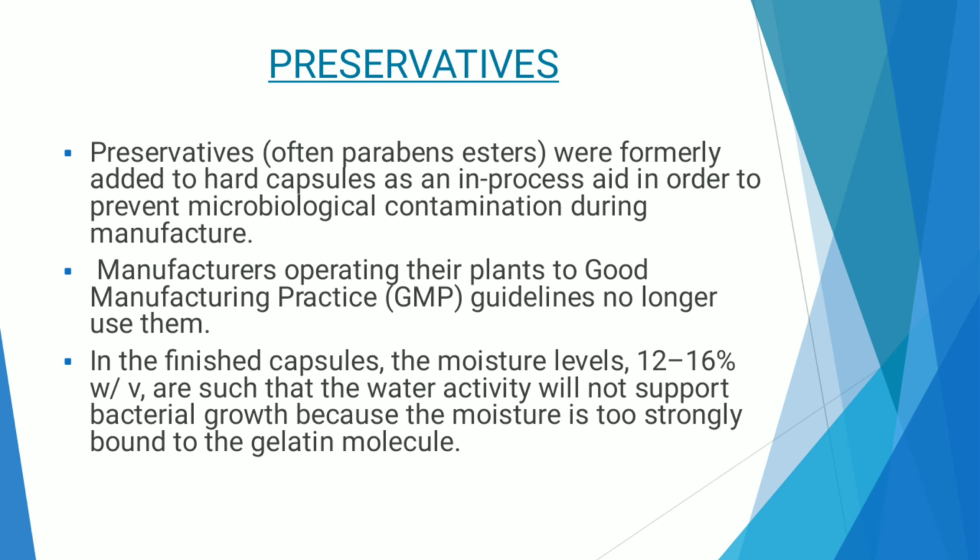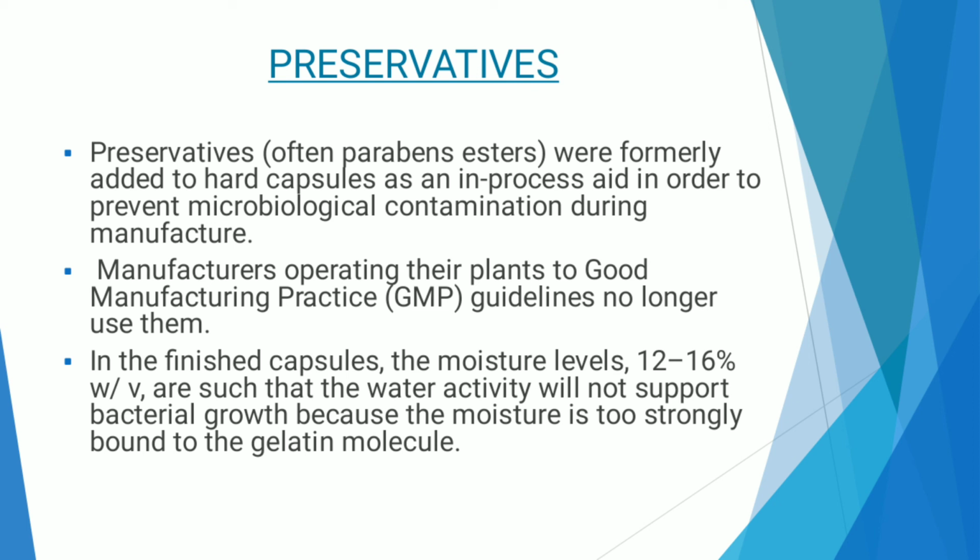Then coming to the next component, that is preservatives. So preservatives, often paraben esters, were formerly added to hard capsules as an in-process aid in order to prevent microbial contamination during manufacturing.